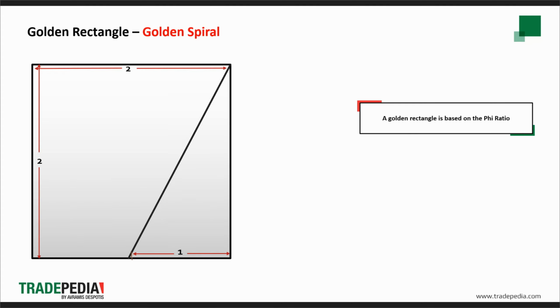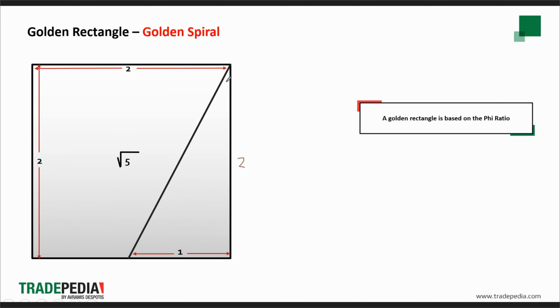I'm pretty sure all of you know the Pythagoras theorem. What is the length of this diagonal? So this is 1, this is 2. How do you find the length of the diagonal? It is square root 5, because 2 squared plus 1 squared, and you square root it.